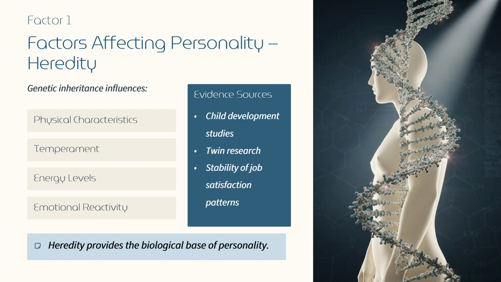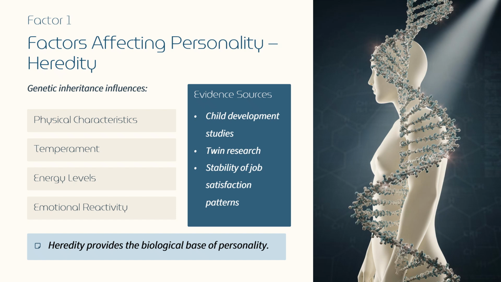Research into heredity usually follows three paths. First, scientists look at the behavior of very young children to see which traits are present from birth. Second, they study identical twins who were separated at birth.